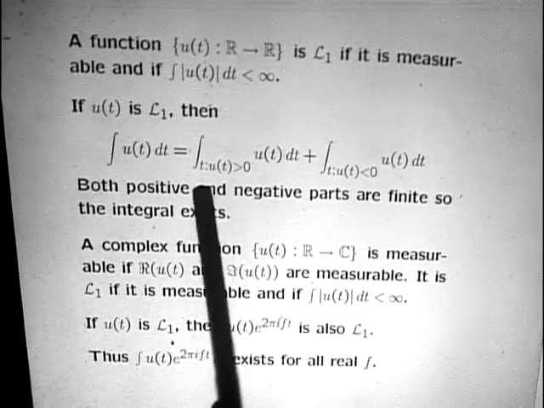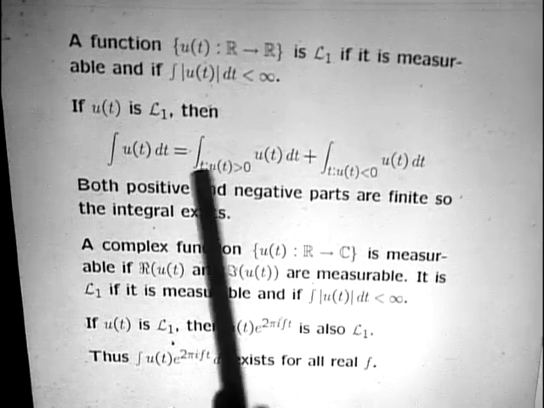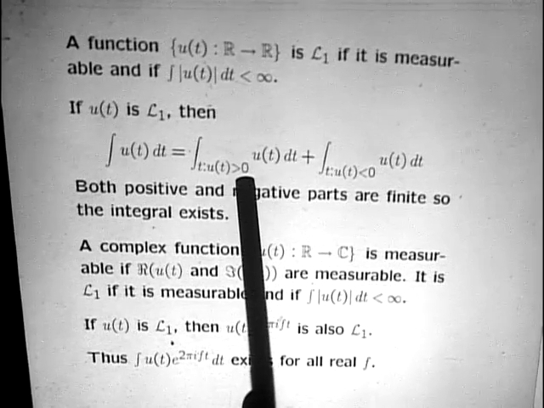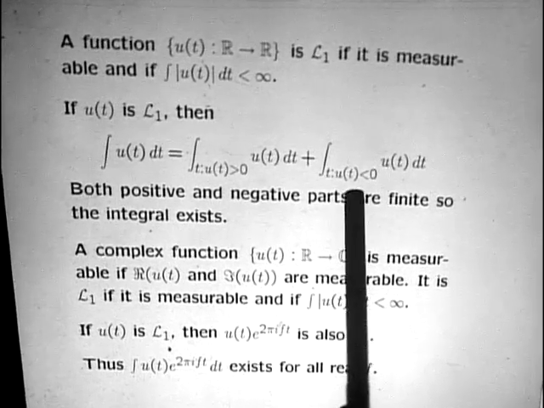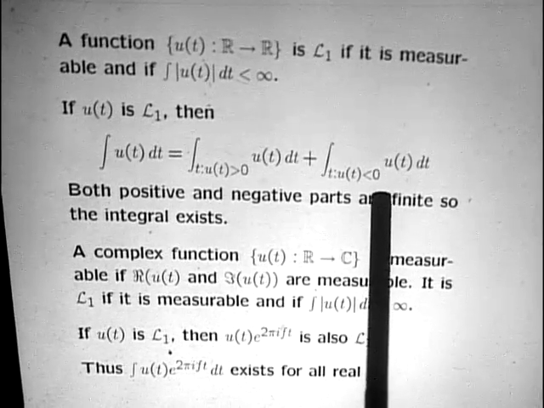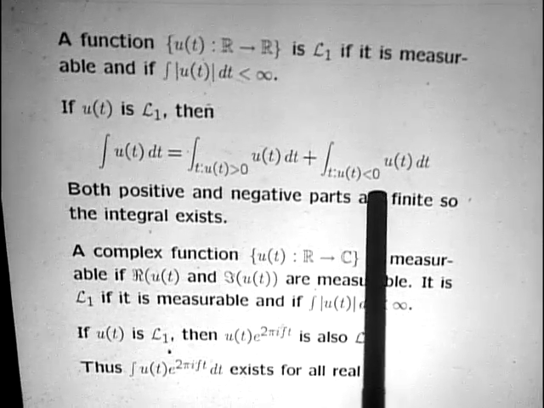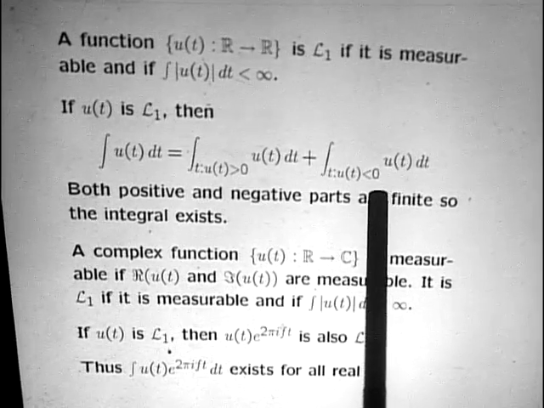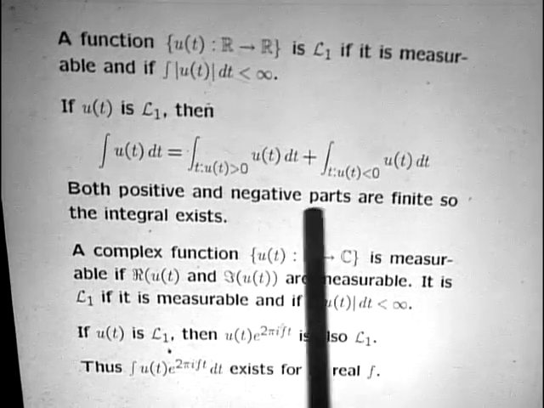You can split it up into the set of times over which u of t is positive and the set of times over which u of t is negative. The set of times over which u of t is equal to 0 doesn't contribute to the integral at all, so you can forget about that.